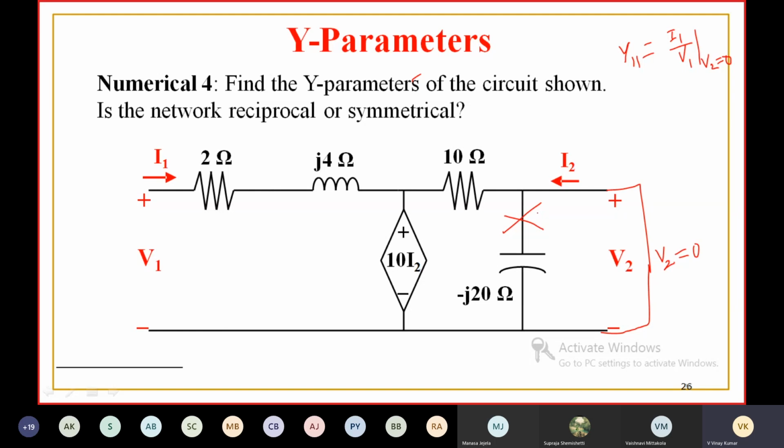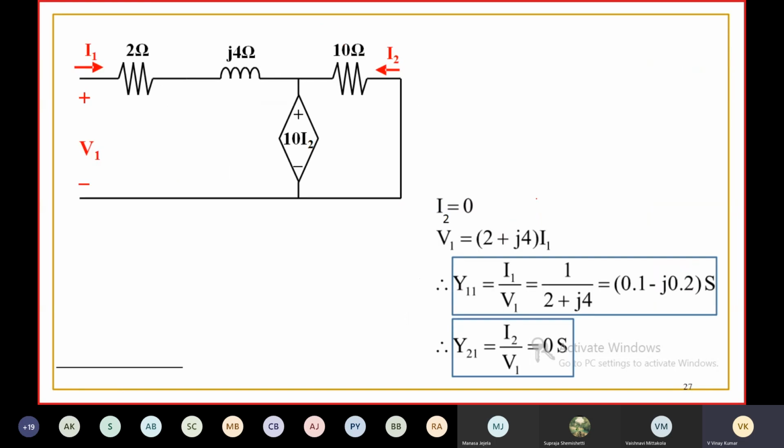Then you are going to have the circuit like this, when you make V2 equal to 0. When V2 is equal to 0, we're going to find Y11 and Y21.